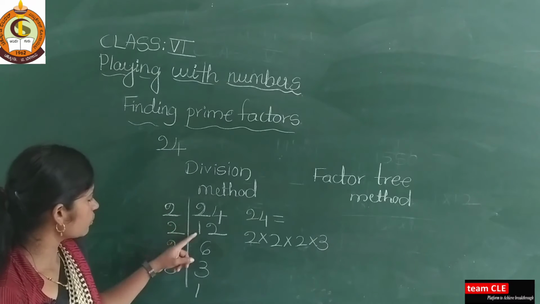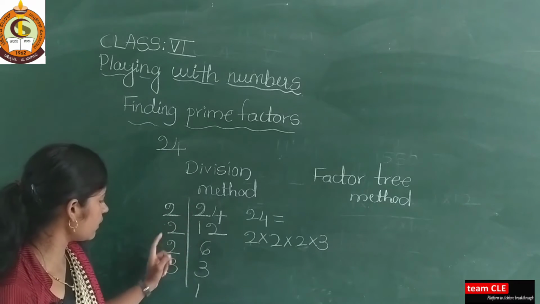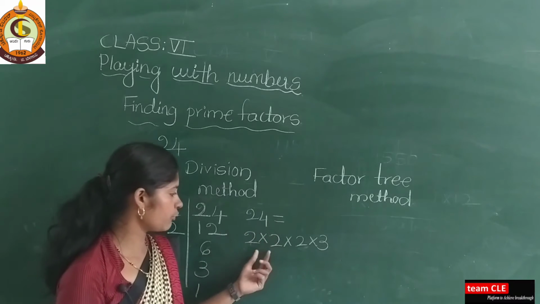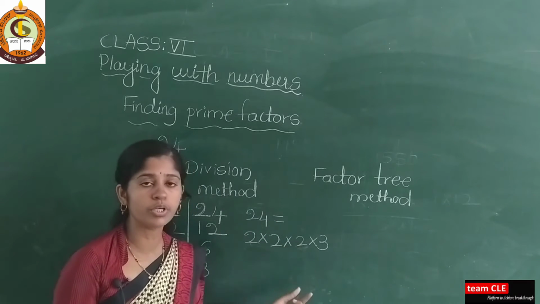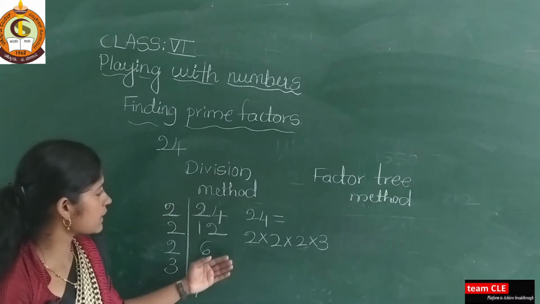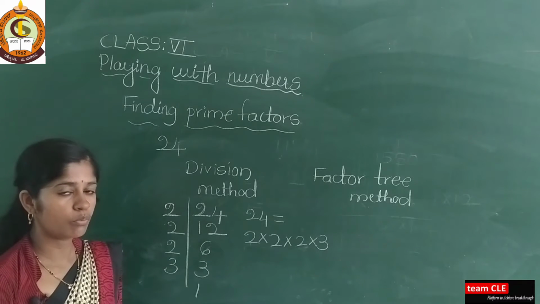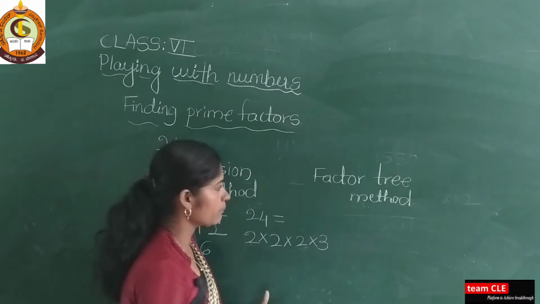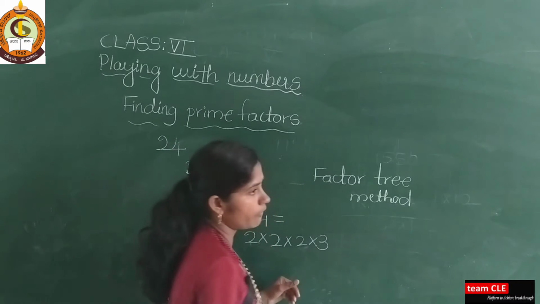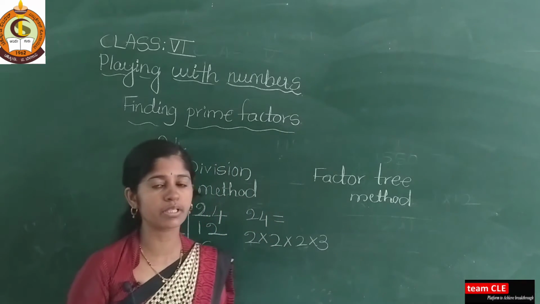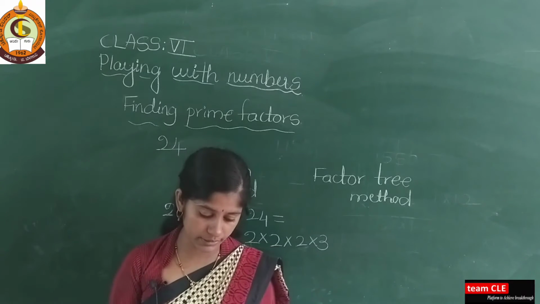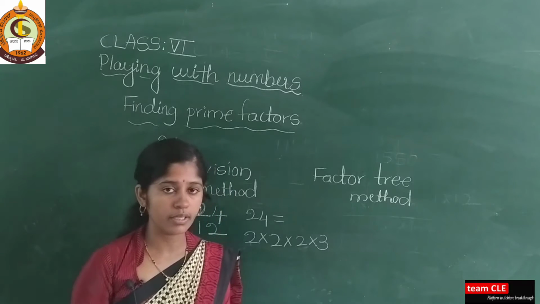Next you write 24 is equal to 2 into 2 into 2 into 3. For this you need more and more practice. Whichever examples are solved by me, solve them, then try the examples from your textbook.